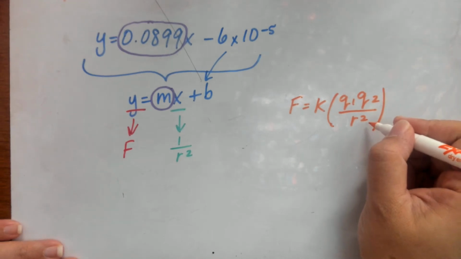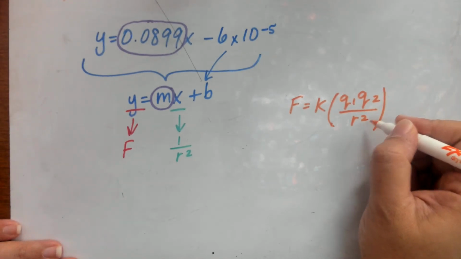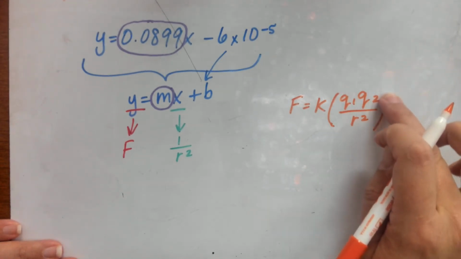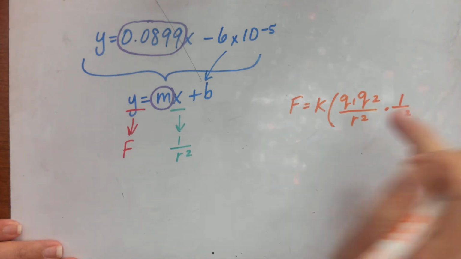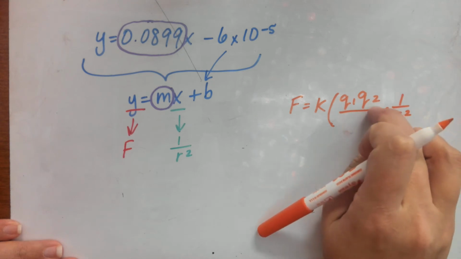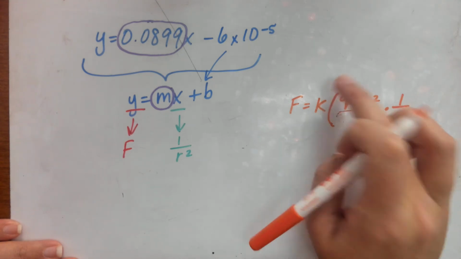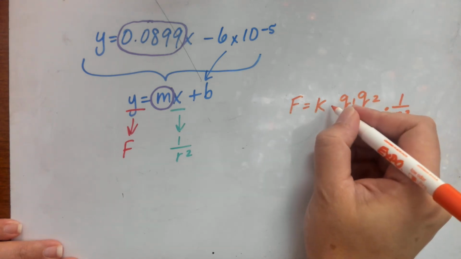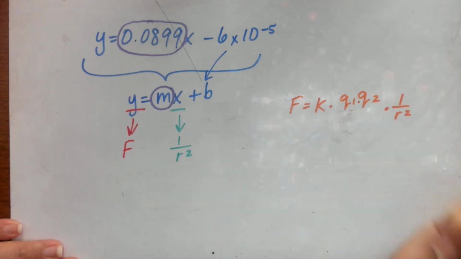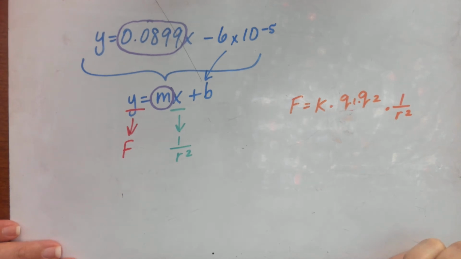Instead of saying divided by r squared, you could say multiplied by 1 over r squared. So I'm taking the r squared out and just multiplying it. Now I've got F equals K times Q1 times Q2 times 1 over r squared.